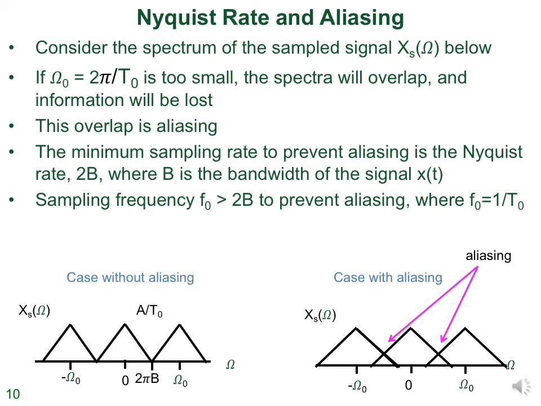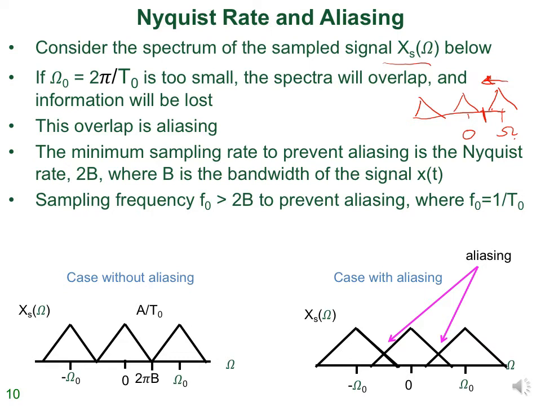So one of the important uses of this frequency domain view of things concerns the sampled spectrum. If I start with the original spectrum where the triangular spectra are well separated, and lower the sample frequency, the triangles start to move closer until the point where they just touch each other.